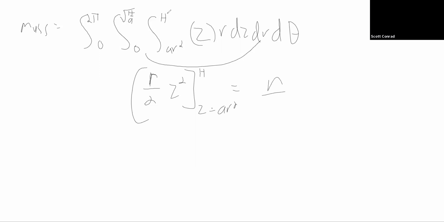So we get r over 2 times h squared minus a squared r to the 4. So we plug that into our inner integral.